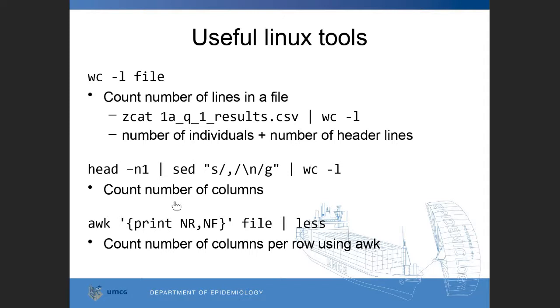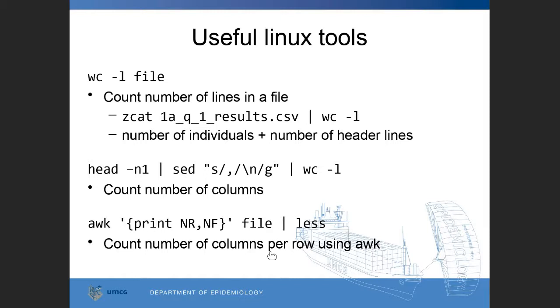If you want to count the number of columns, as I mentioned before, you do it with a concatenated command, saying first take the header, then replace the delimiter, so let's say the comma, by end of lines, and then count the number of instances. So this would actually again count the number of lines, but now we have converted the header line from columns to rows with this sed command.